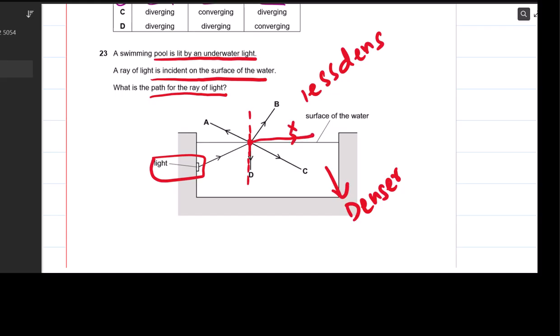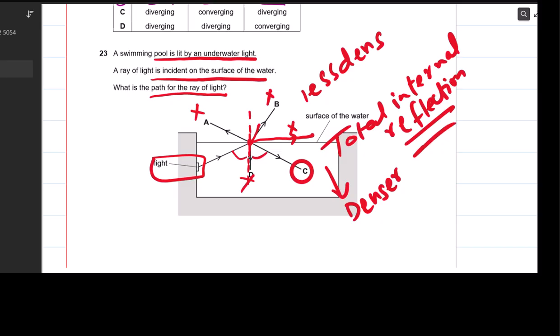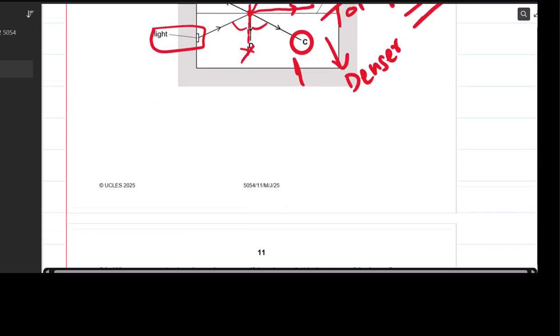The ray is bending towards the normal. So B is wrong. A is also not possible. D is also not possible. So it means it is so dense that total internal reflection is occurring. So this is C. Total internal reflection is occurring due to the denser medium. So C is right. Moving to question 24.